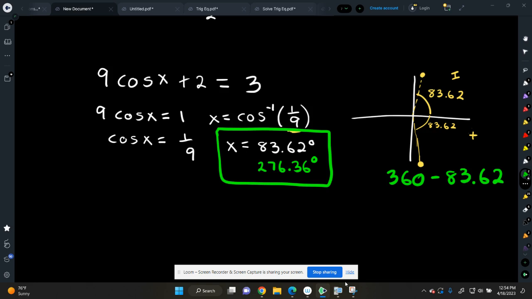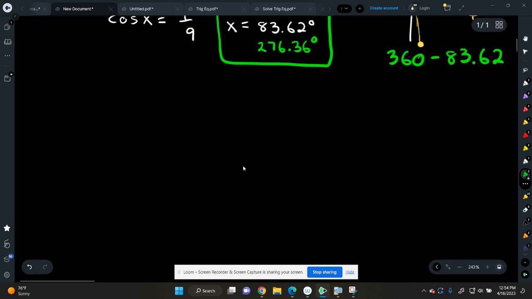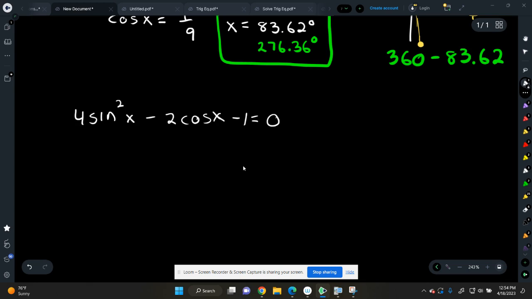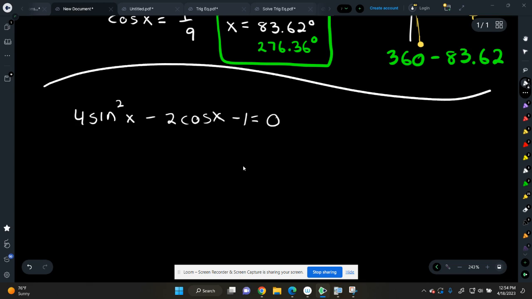Okay, let's look at another one of those. I'm not sure how this one comes out, so let's just check it. Let's do 4 sine squared x minus 2 cosine x minus 1 equals 0. What can we do?